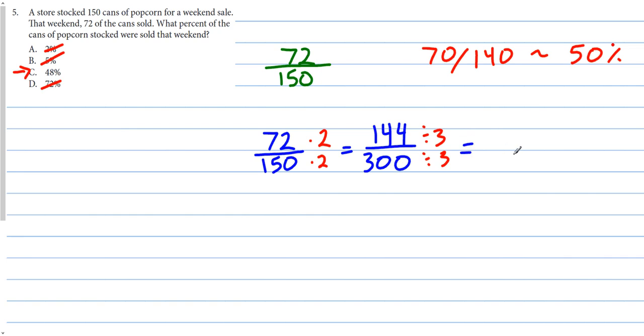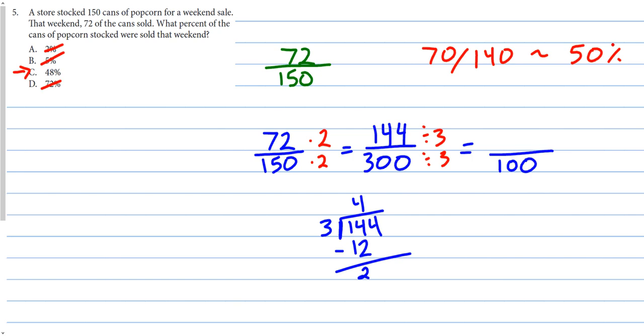My goal is to get this an easy 100. 300 divided by 3 would be 100. This one we have to do a little more work. Let's do that on the side. This 3 divided into 144. We'll see that 3 goes into 14 4 times to get 12.